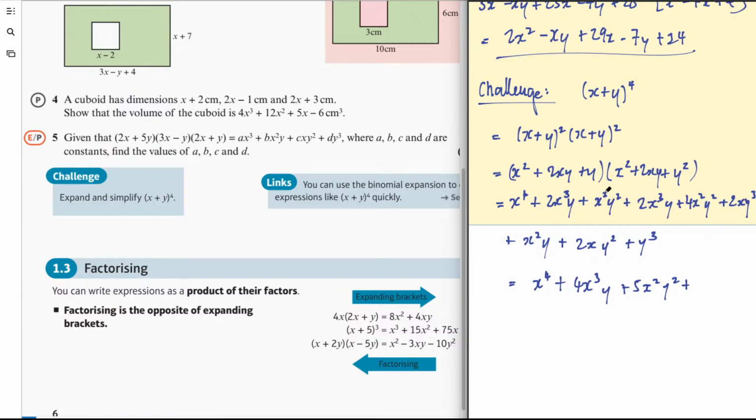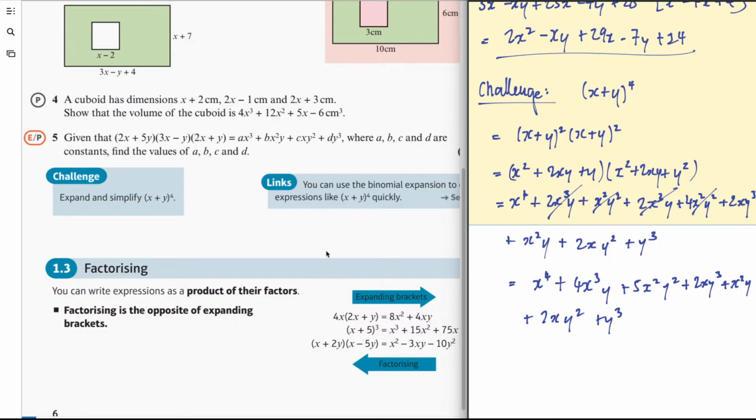There are so many terms and so many powers. What was I up to? I was up to x squared y squared, and then 2x cubed y. I've simplified that. One way to do this is actually cross them out as you go. And then I've got 2x y cubed. There are no other like terms with that one. 2x y cubed plus x squared y plus 2x y squared plus y cubed. I feel like I made a mistake there.